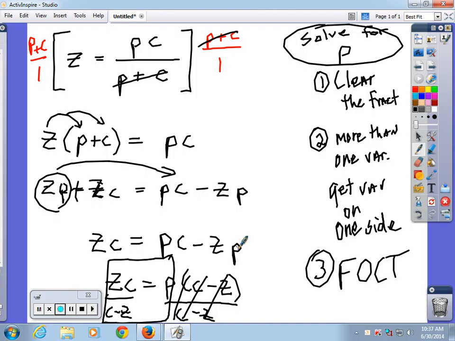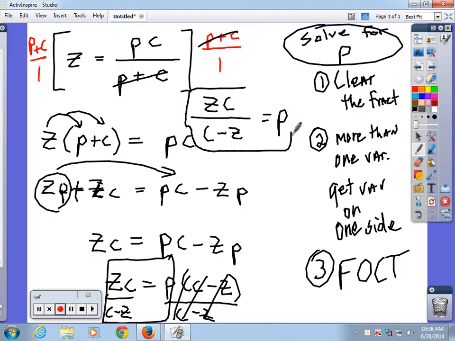And what's the final answer? ZC over C minus Z. I'll write it right here. P is equal to ZC over C minus Z.